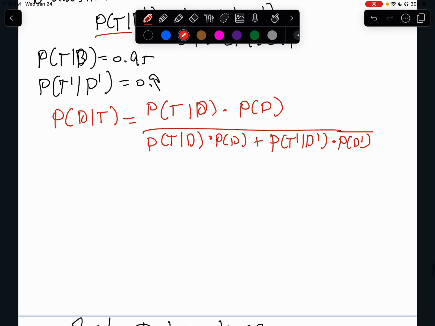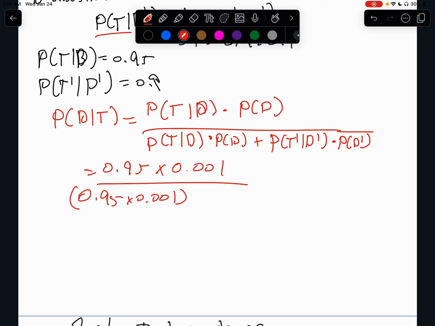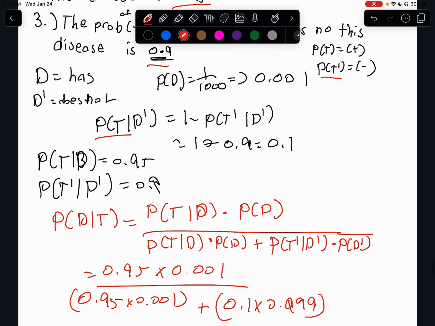So we can denote this as 0.95 times 0.001 divided by 0.95 times 0.001 plus 0.1 times 0.999, as we denoted above.